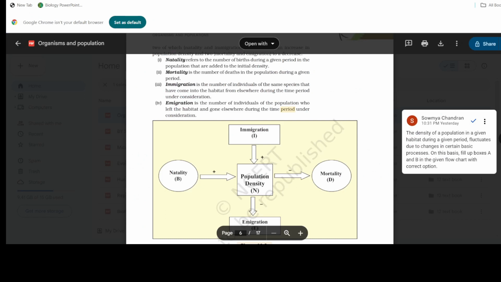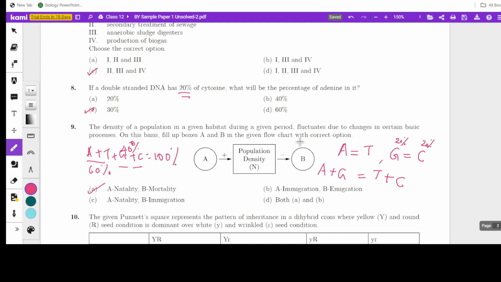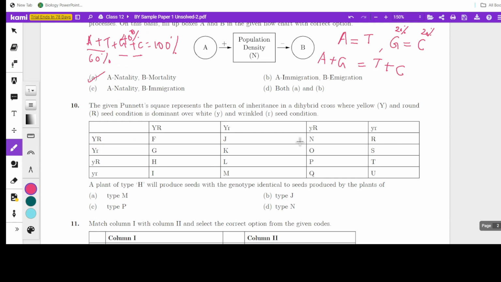Natality, mortality. Next question. The given Punnett square represents the pattern of inheritance in a dihybrid cross where yellow and round seed condition is dominant over white and wrinkled seed condition. So here better you have to solve this cross, shall we?